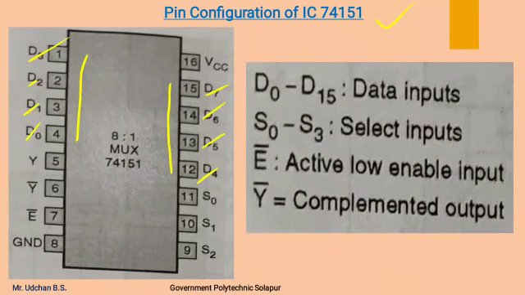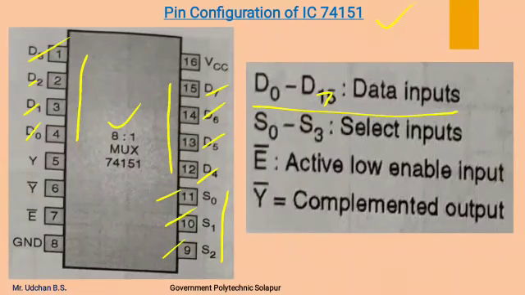Here it is D0 to D7, not 15 for this IC. Again, as this IC has 8 inputs, there are select lines, that is, 3 select lines are available, S0, S1, S2 at pin numbers 9, 10, 11.